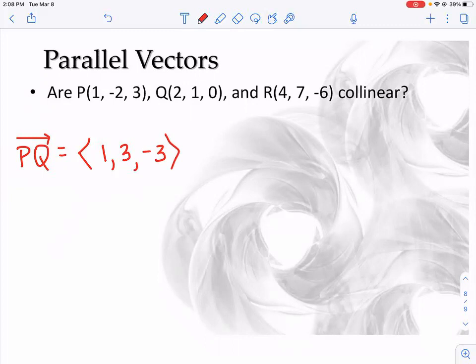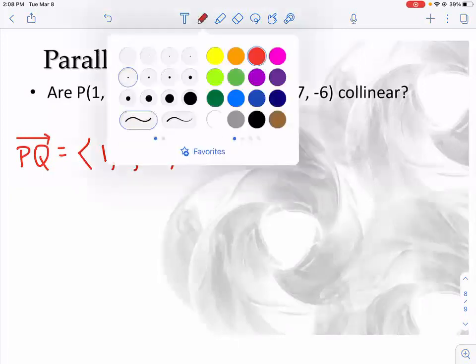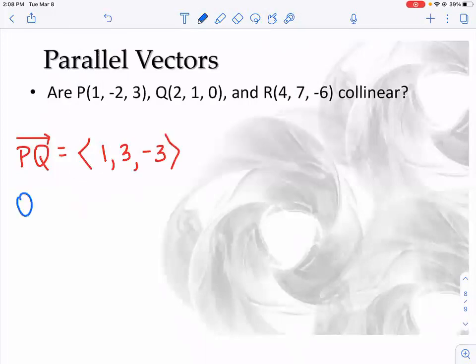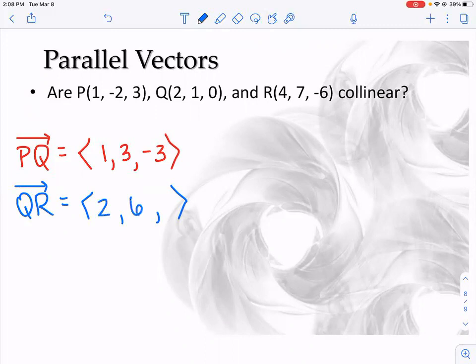Would you like to create PR, QR, RQ? Which one do you want to create now? QR. And if we create QR, 4 minus 2, 7 minus 1, and -6 minus 0.